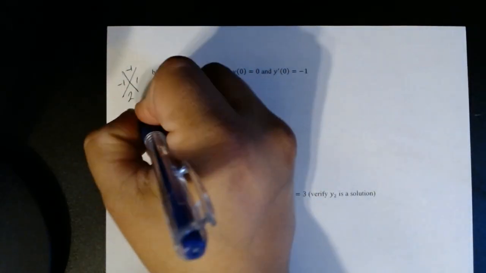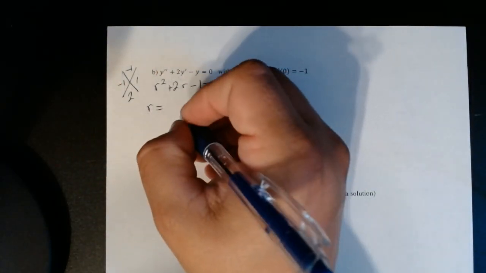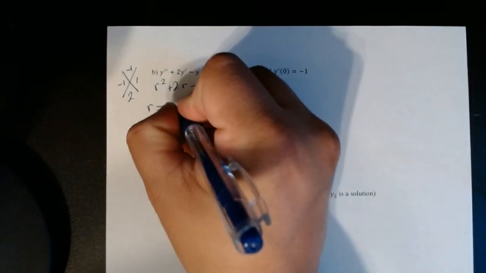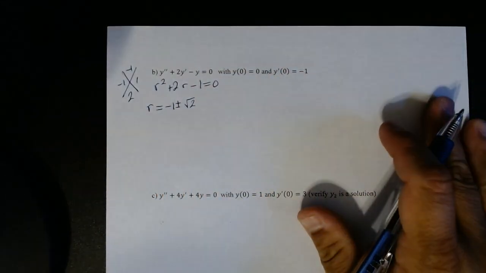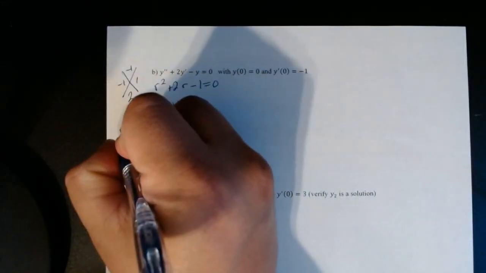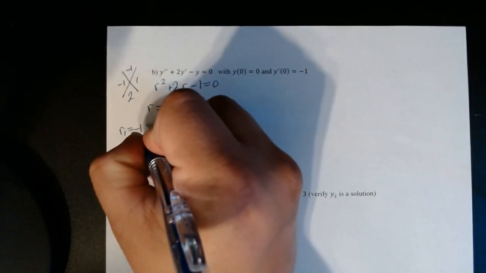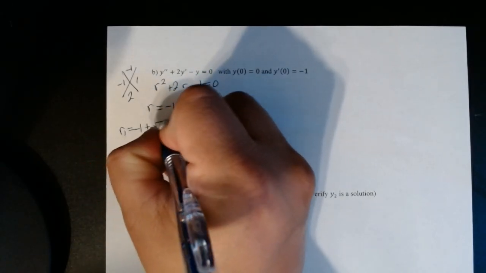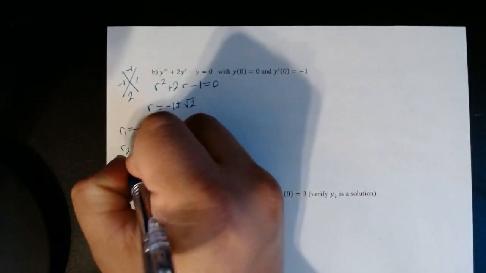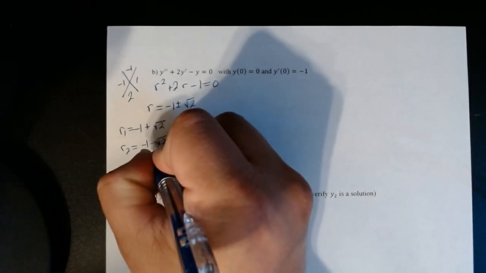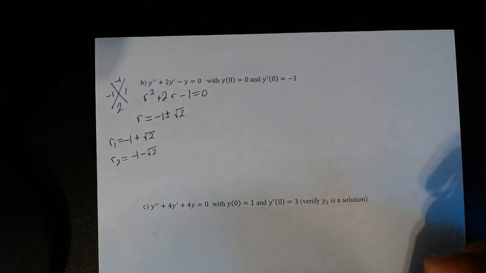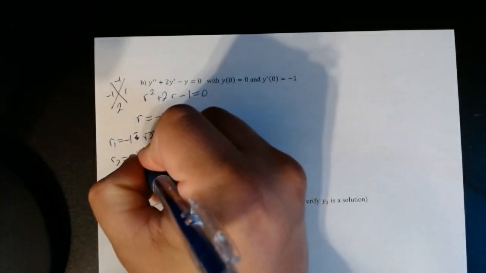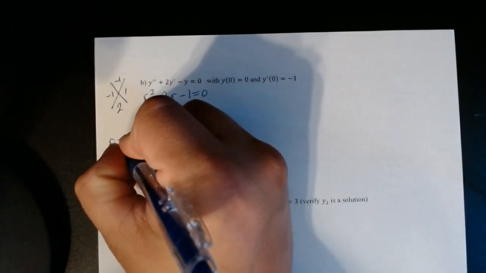After you use the quadratic formula, we get answers in this form. So we get r1 to be, I'll just use that as the positive, and r2 to be the negative. Or I'll just switch them around, just for funsies.